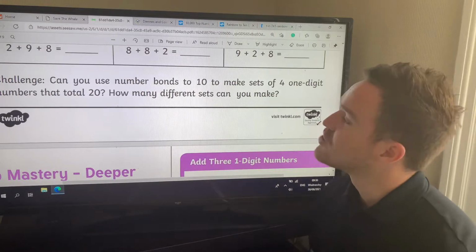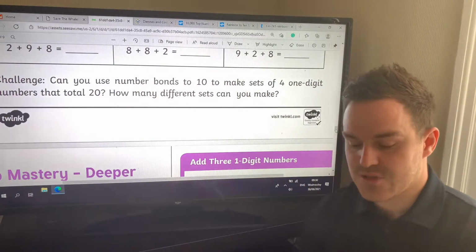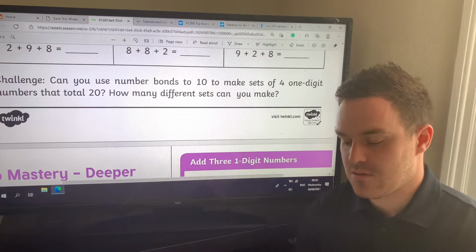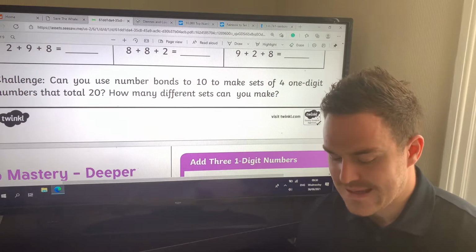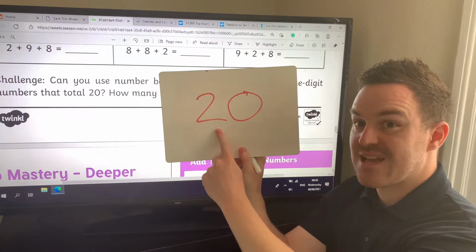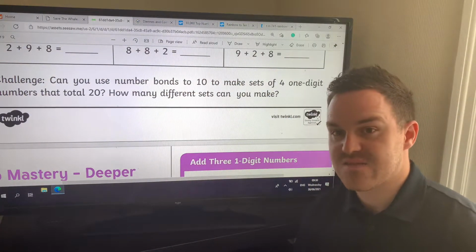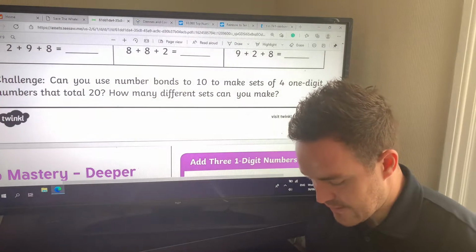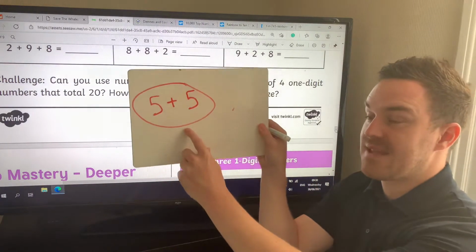Okay, so there's a little challenge at the bottom there. Challenge: can you use number bonds to 10 to make sets of 4 numbers that add up to 20? So, first of all, you need to think, how many sets of 10 is there in 20? Well, we know, because the first digit tells us, that there are 2 sets of 10 in 20, so we need to make 2 sets of 10. Now, I know I could do 5 add 5, that makes 10.